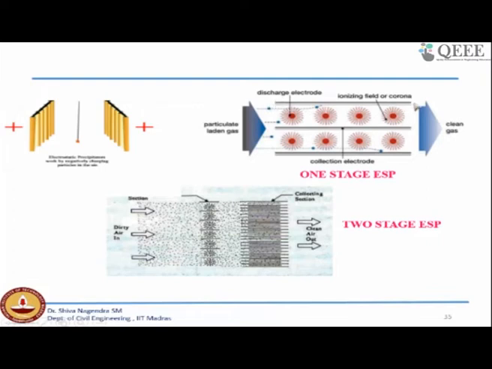Now you can also think of it this way: this is the length of the plate, and as the distance increases, you can also vary the voltage, because at the entry itself the particle concentration will be higher. Once it is released, you may have lower concentrations of pollutants, hence you can give a varying load of electric force in order to reduce the cost.